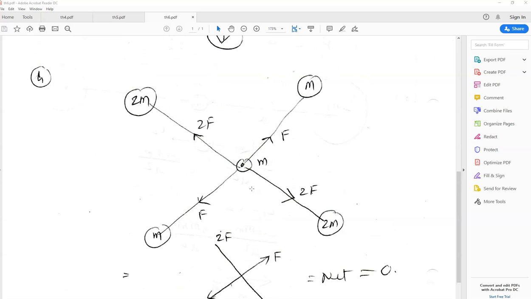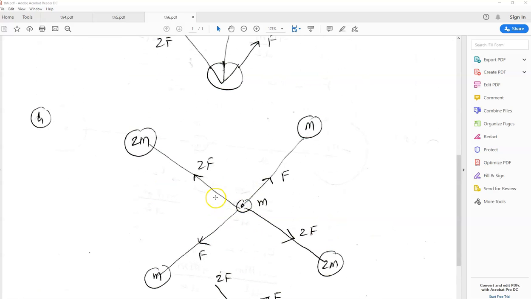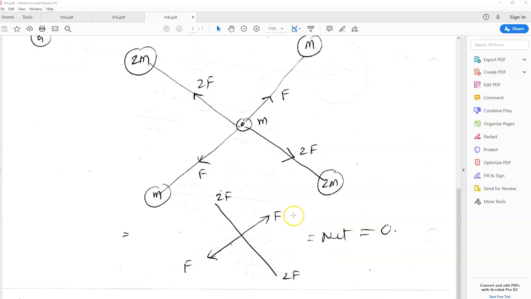So I got one more example here. I got a small mass in the center which is equidistant from all these four masses, so I'm going to put the distance as D, D, D, and D. What is the resultant force? So you have to represent again by vector.